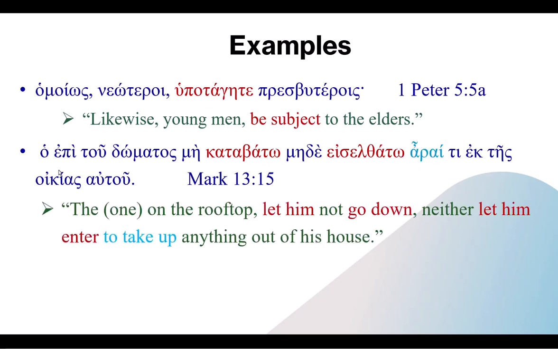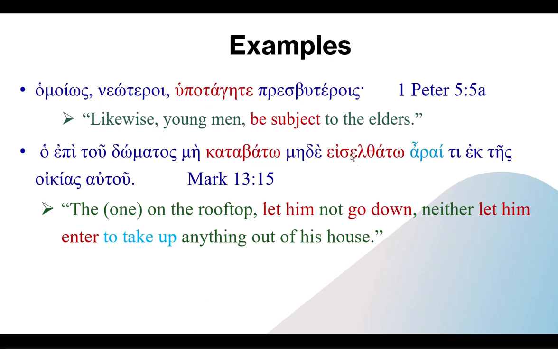So this is ho, the one, epi tou domatos, upon the roof, and the way the definite article is used here would be "the one upon the roof," may not katabato, let him not come down. So katabaino means to descend. Let him not descend, let him not go down. Mede, neither, eiselthato, that comes from eiserchomai, to enter. So neither let him enter.